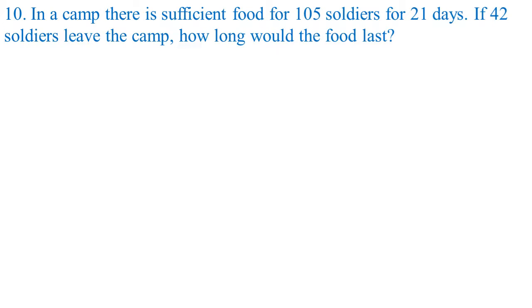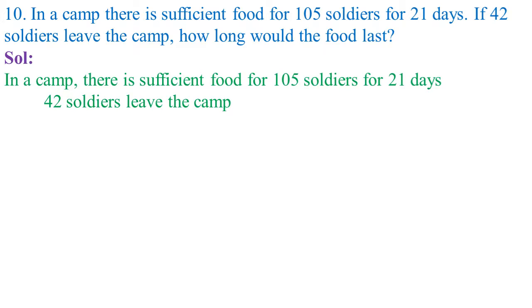In a camp, there is sufficient food for 105 soldiers for 21 days. If 42 soldiers leave the camp, how long would the food last? Solution: in a camp, there is sufficient food for 105 soldiers for 21 days. 42 soldiers leave the camp.